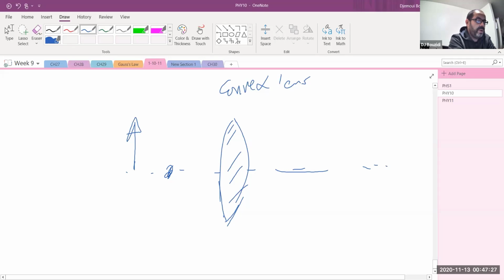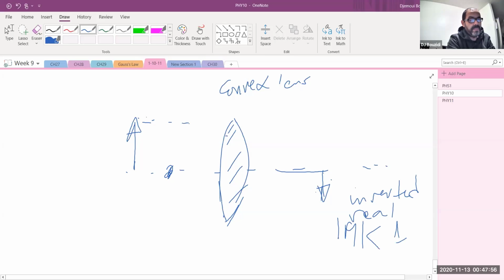So if the object is outside of the focal point, the image that forms on the other side is going to be inverted. It is going to be real. So the image is inverted and is real. And in this situation, the magnification in absolute value is less than 1.